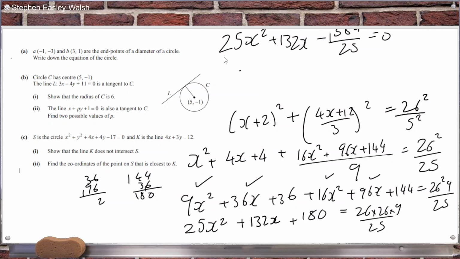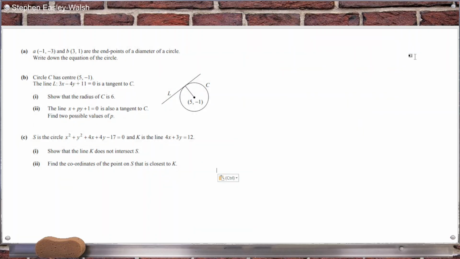So 25 by 25 is 625x squared plus 3300x minus 1584 equals 0. Okay, it's a quadratic. No, it does not have nice answers, which means I made a mistake perhaps, or I'm going about this the wrong way.